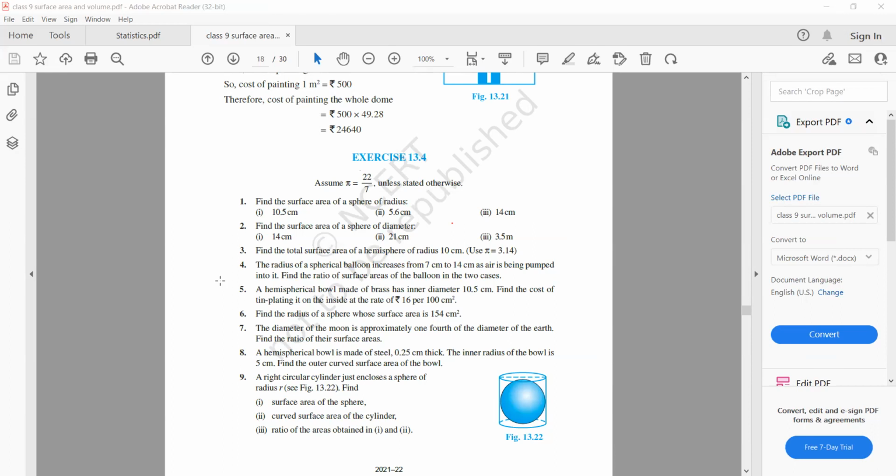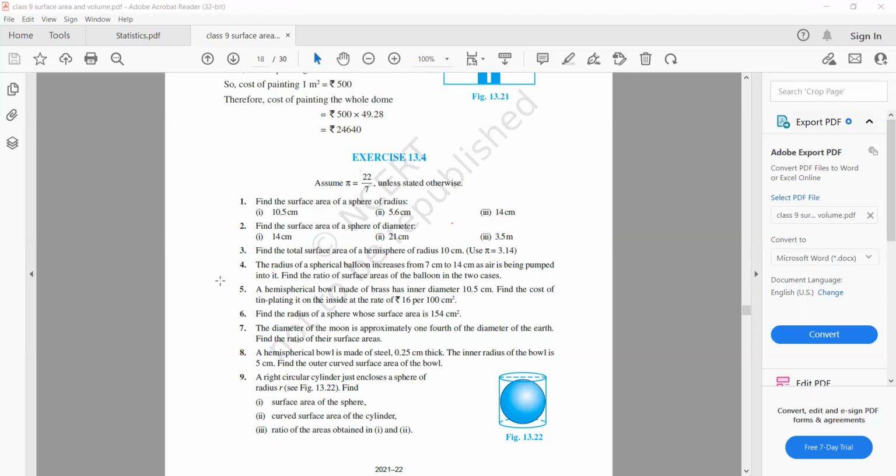Okay, find the cost of tin plating it on the inside. So it's a hemispherical ball like this, right? So you have to paint it from inside. Understand? It's like the silver paint inside the brass ball. So that means you require the inner curved surface area, isn't it?